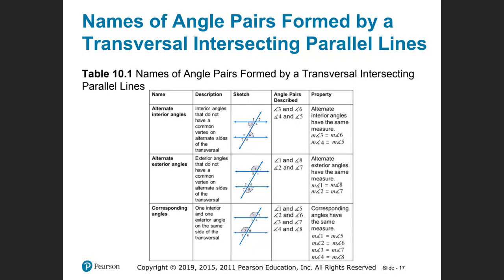So we have 1 and 8, and 2 and 7. Corresponding angles are one interior angle and one exterior angle on the same side of the transversal. And you can see that these are angles 1 and 5, 2 and 6, 3 and 7, 4 and 8. They have the same measure.